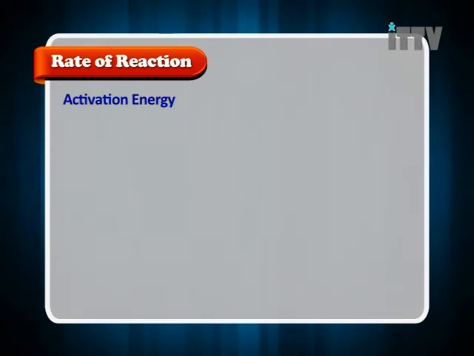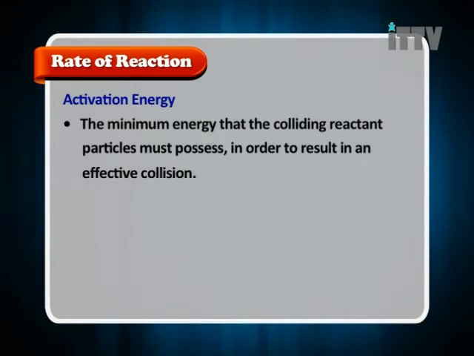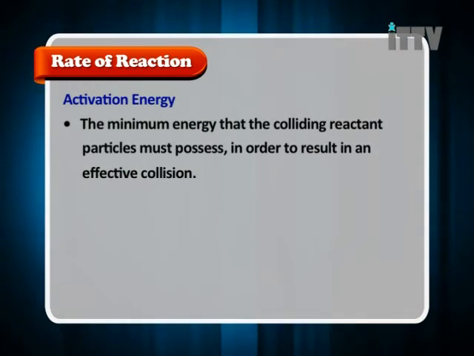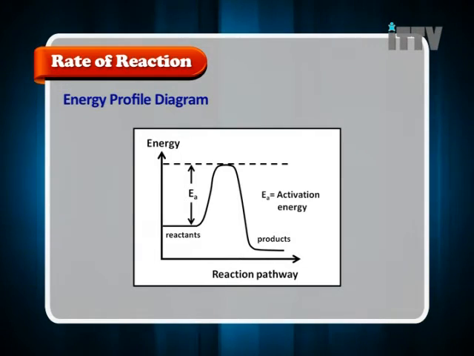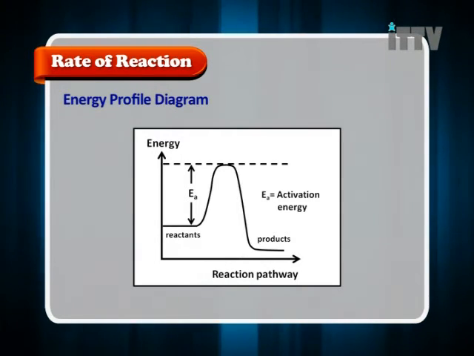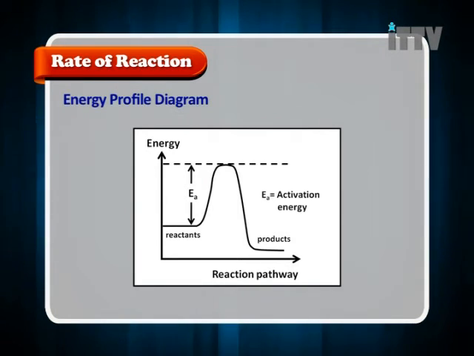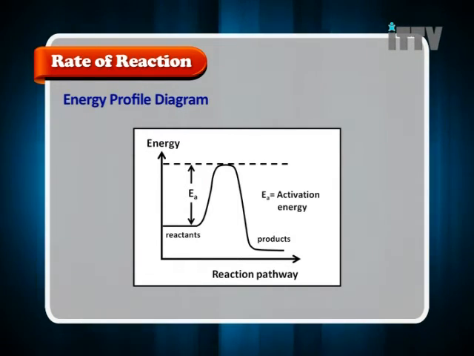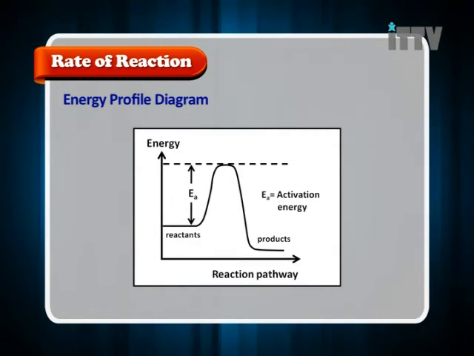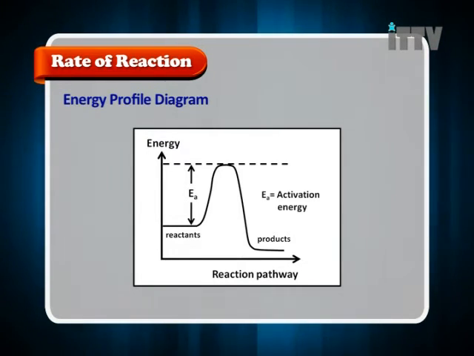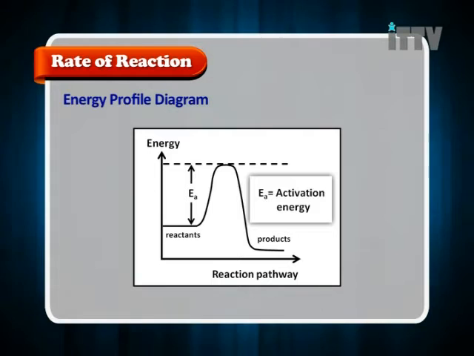Activation energy: the minimum energy the colliding reactant particles must possess in order to result in an effective collision. The energy profile diagram. Now, the reactants and the products are connected by a curve. This value from the reactants to the top of the curve is known as the activation energy. The little symbol for activation energy is a capital E with a small a.